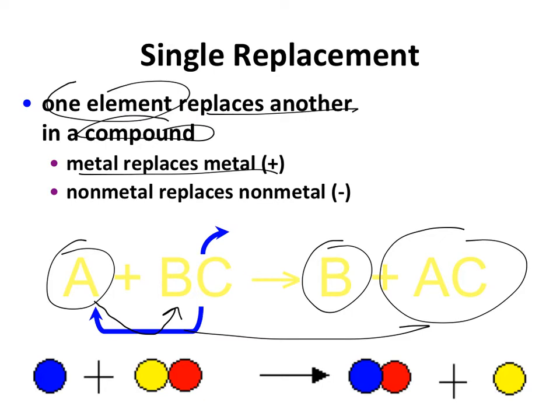So basically, you take an element, and that element is going to replace one of the components of a compound, and you'll end up with a different element and subsequently a new compound. Single replacement: one thing outside of a compound is replacing another thing in a compound.